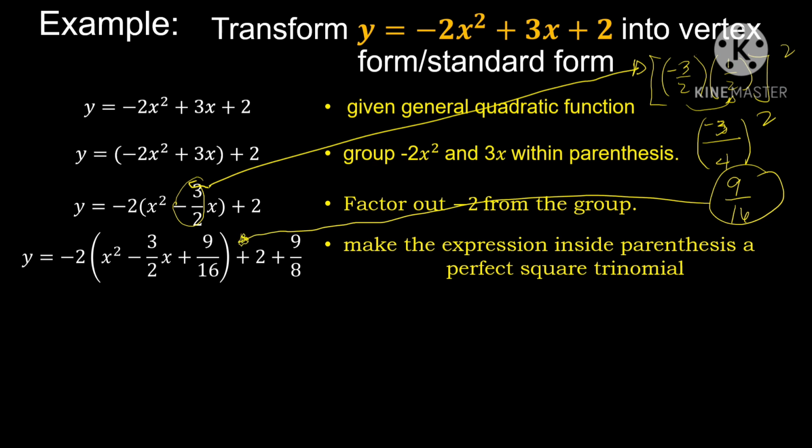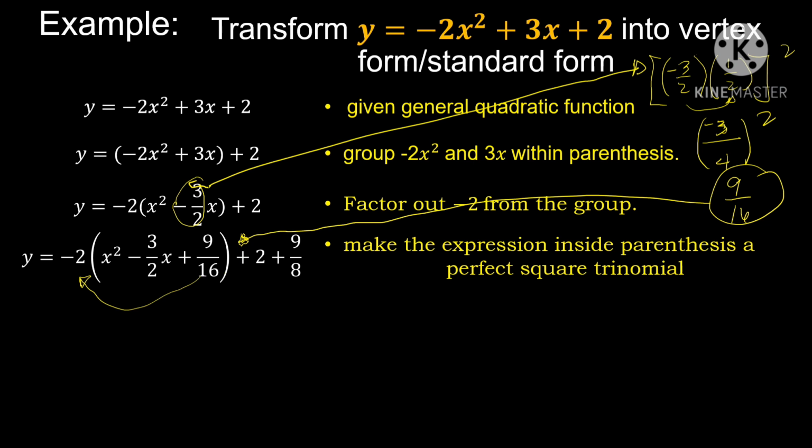Then, we subtract this outside. But instead of subtraction, it turns to be addition because before we subtract, this 9 over 16 will be multiplied first to negative 2. So, negative 2 times 9 is negative 18 over 16.